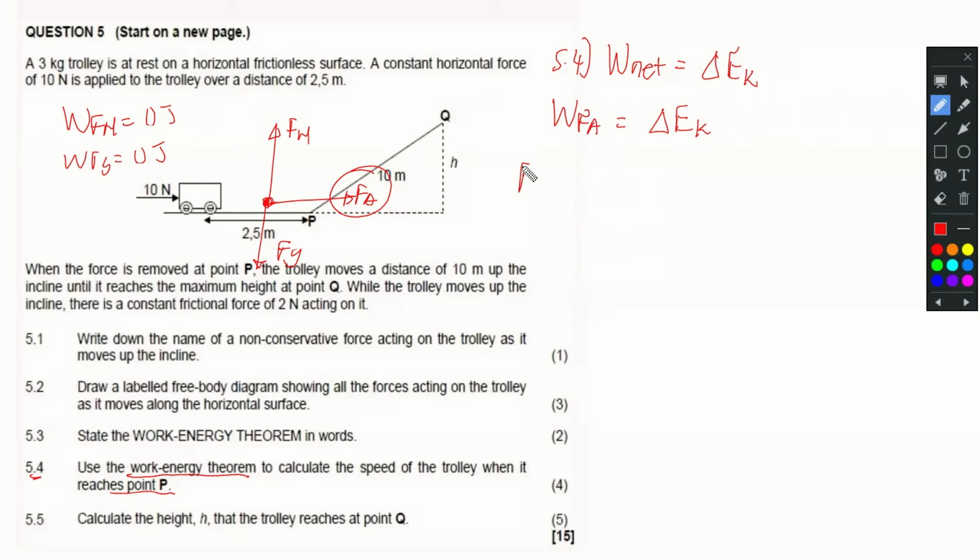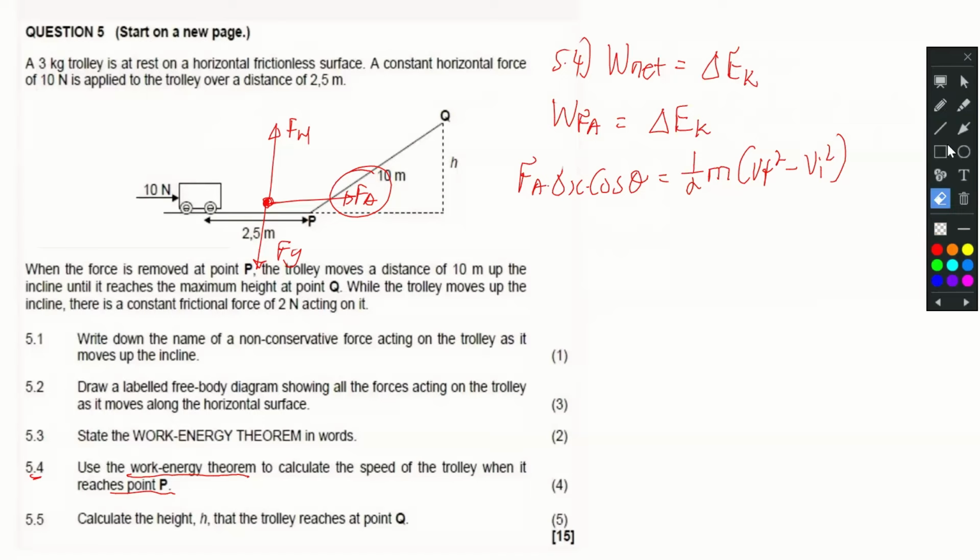So we can break this down to Fa delta x cos theta is equal to half m bracket Vf squared minus Vi squared. And guys, it's just coming to me right now. I've seen this somewhere when I mark papers. People write like this: Vf minus Vi and then square. This is not the same as this. These two are not the same. Refrain from this. The equation is like this: half m bracket Vf squared minus Vi squared.